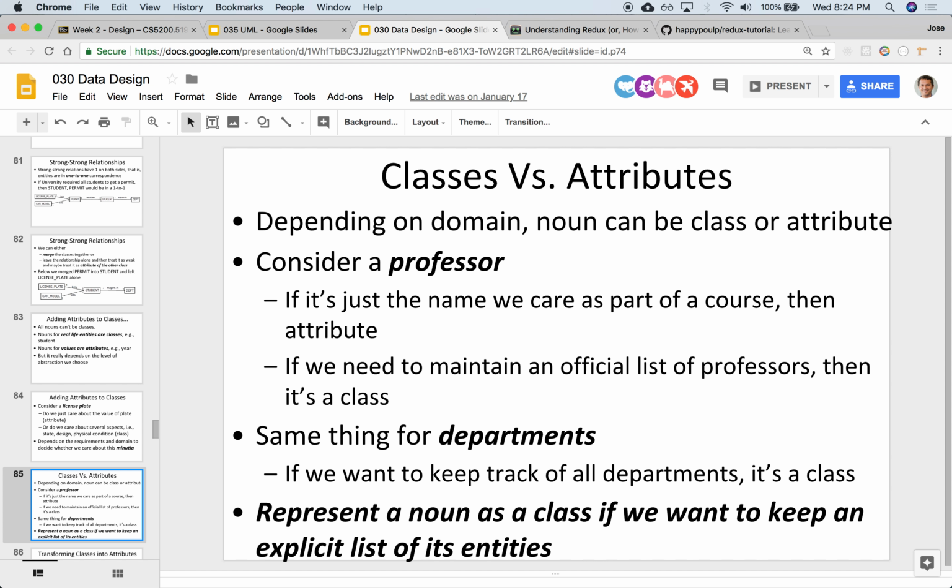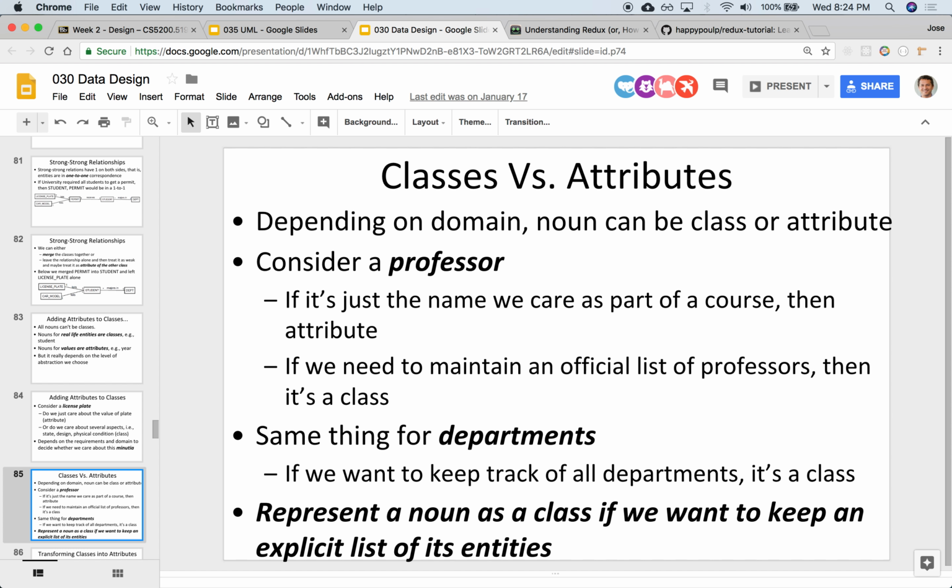But notice the trick here is that these tables have a primary key that is also a foreign key. It's a foreign key back to the person, and the student's primary key is also a foreign key back to the person. See that? What this is saying is that a professor cannot exist without being a person.